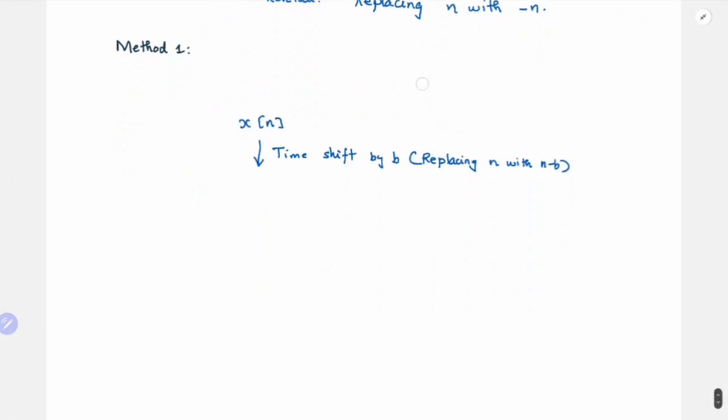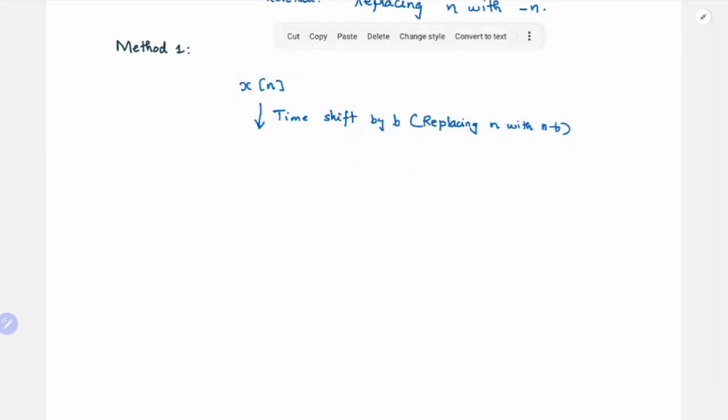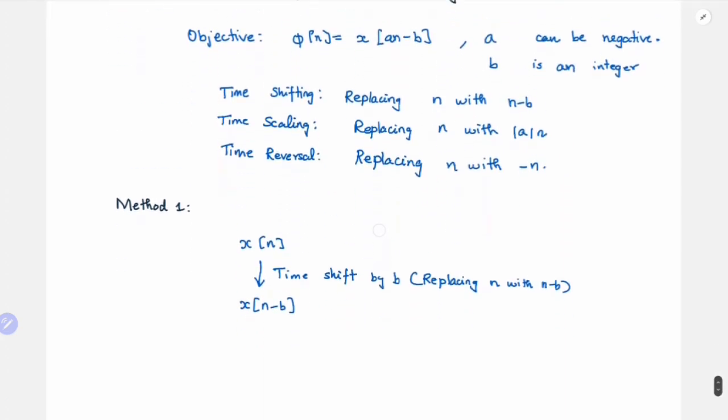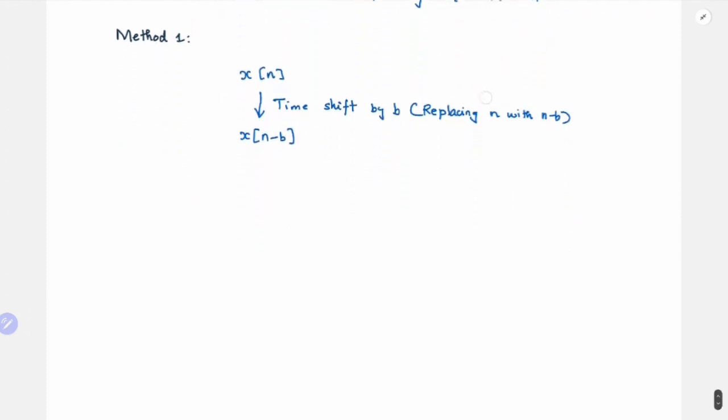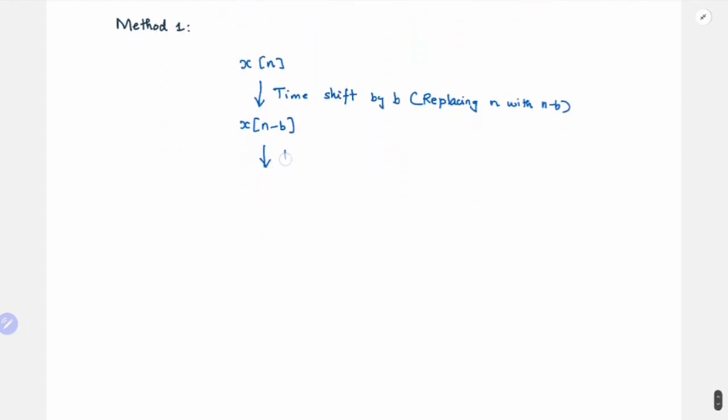So again, coming to method 1, we are first shifting and then scaling. So what will I get? I will get x of n minus b. Okay, and then what should I do to get x of an minus b? I should do a time scaling by a. So again, I will do it with mod a.